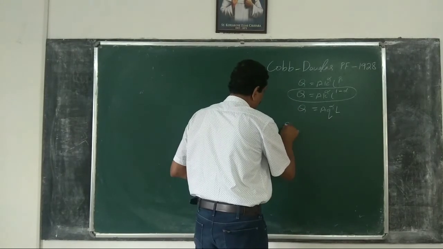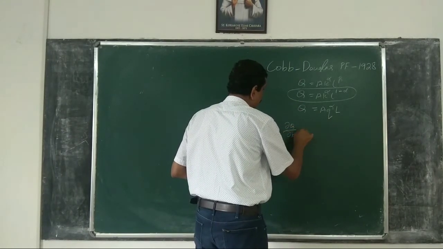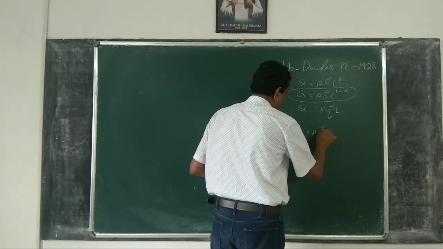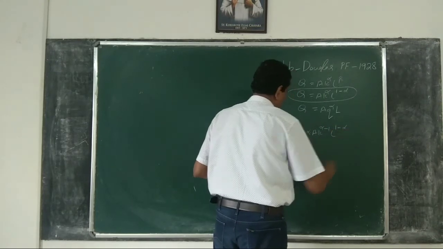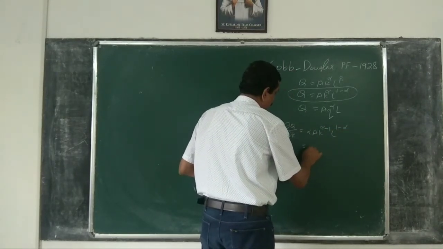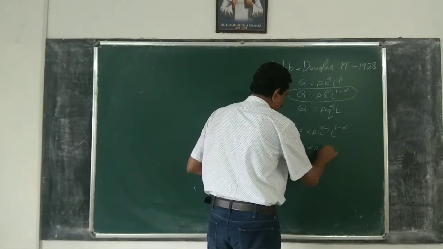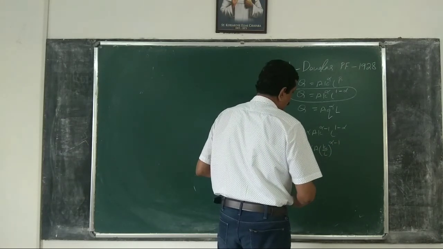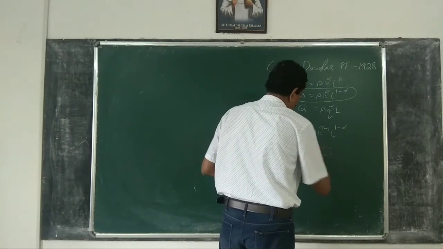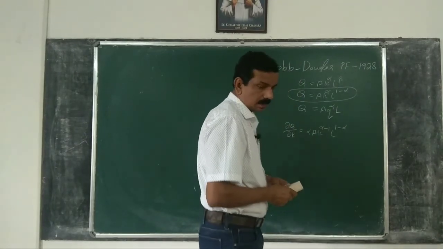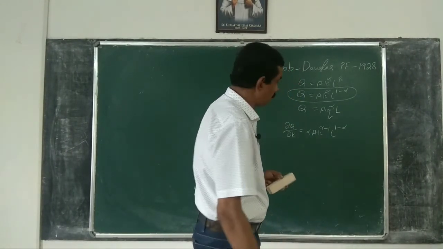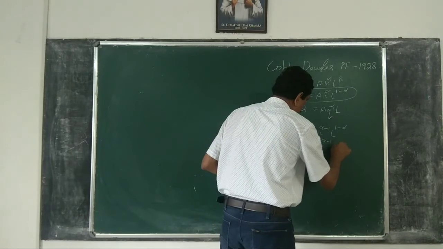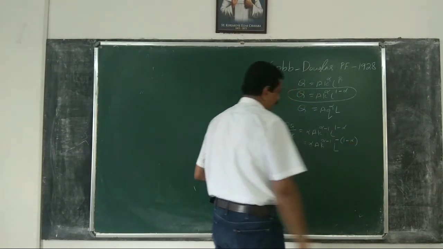So, dou Q by dou K is equal to alpha A K raised to alpha minus 1 L raised to 1 minus alpha. Sorry, Q is A K raised to alpha L raised to 1 minus alpha, so this can be written as alpha A K raised to alpha minus 1 L raised to minus of 1 minus alpha.